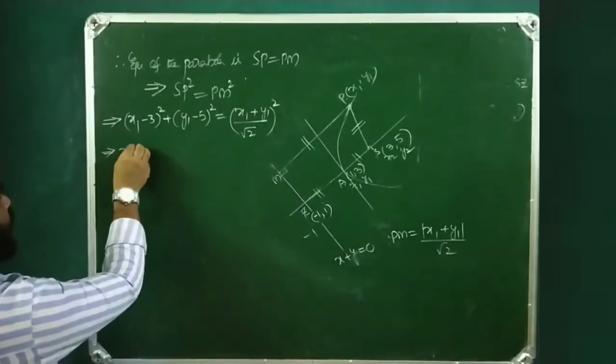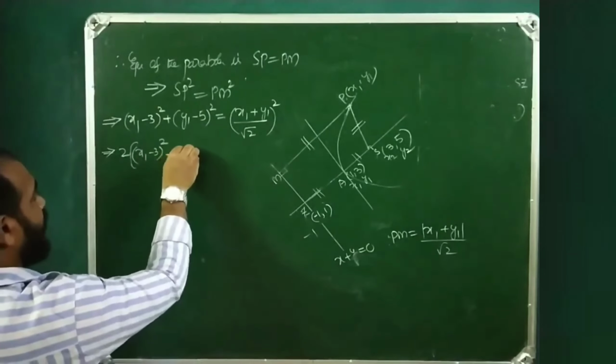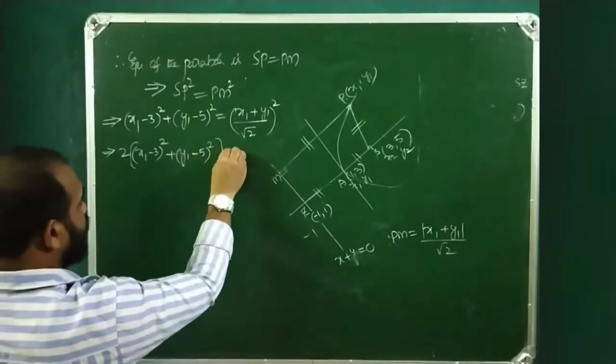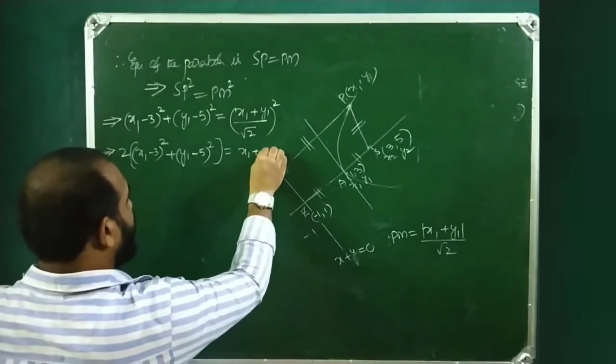So 2 into x1 minus 3 whole square plus y1 minus 5 whole square equals x1 plus y1 whole square.